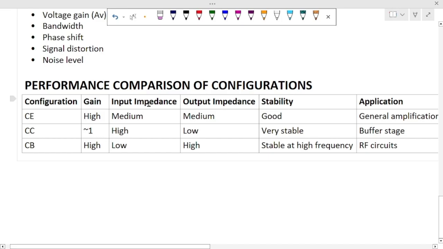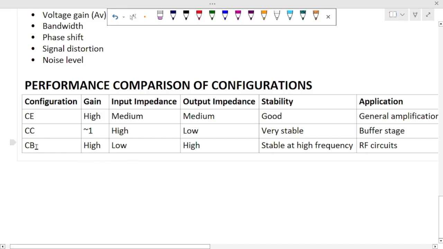Now, input impedance simply means the resistance to the flow of current in the input part of it. So for the input part, the resistance for common emitter is medium. It's just medium. But for common collector, the resistance is high. Let me just say high.